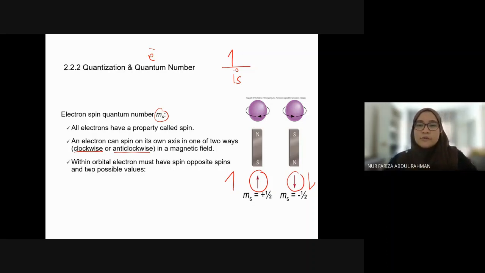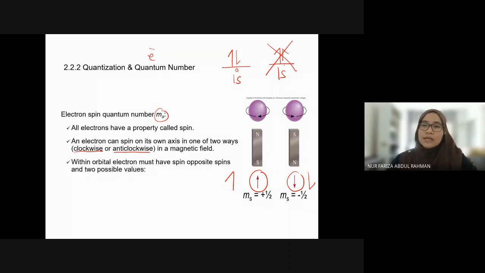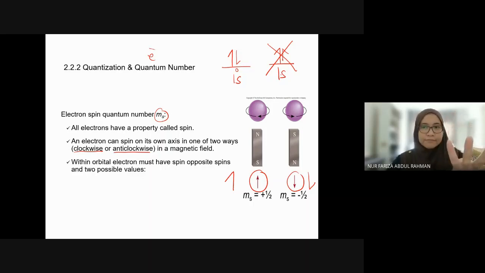So in one orbital there should be two electrons, one pointing up and the other pointing down. It cannot be represented as both the same, because if both of them have the same spin, both pointing up, the repulsion would be higher.